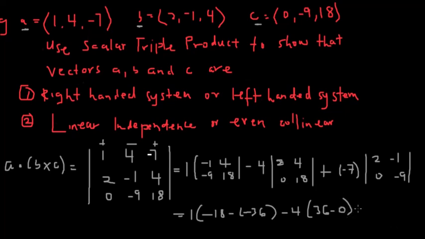Then we move on to this negative 7, so we have this by that, 2 by minus 9, we have minus 18, and then minus 0.